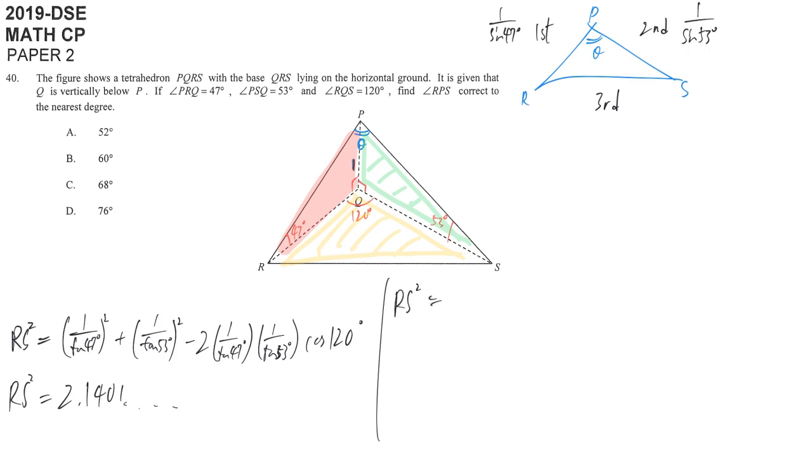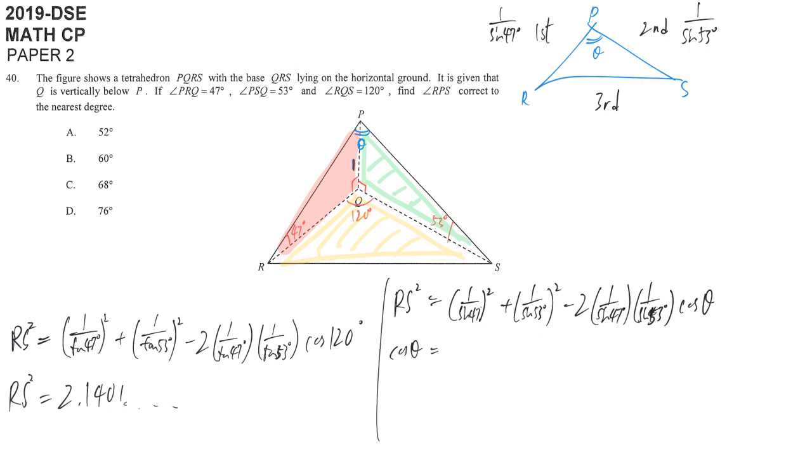RS squared is equal to this length squared plus this length squared, and then minus 2 times the product. So now this one, you may put in memory slots C and D to facilitate your calculation.